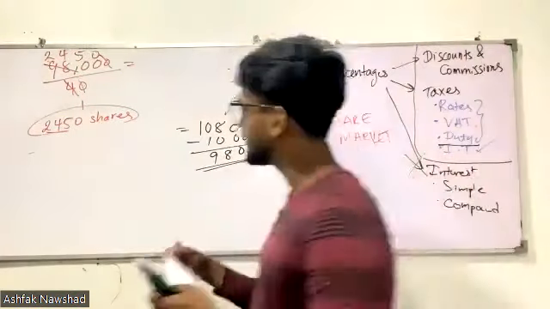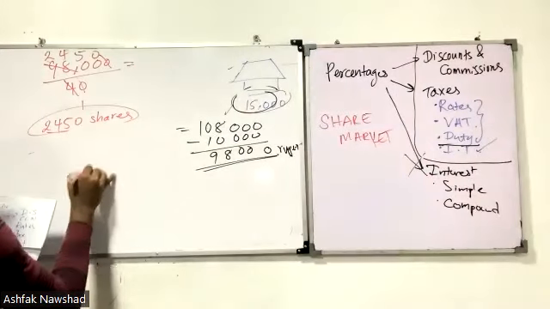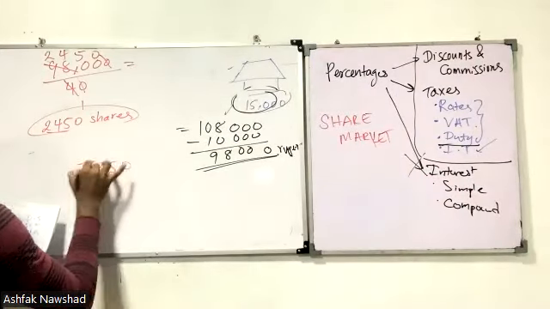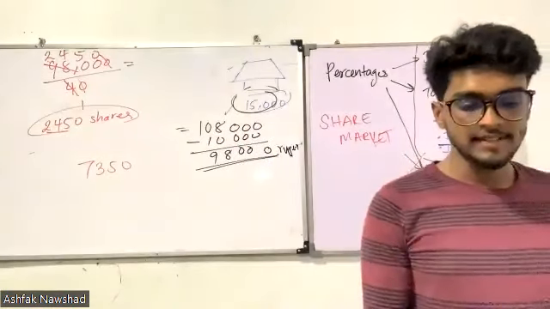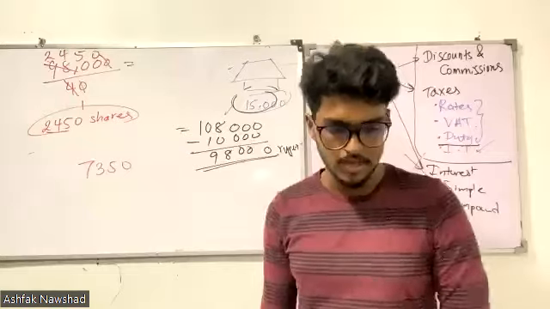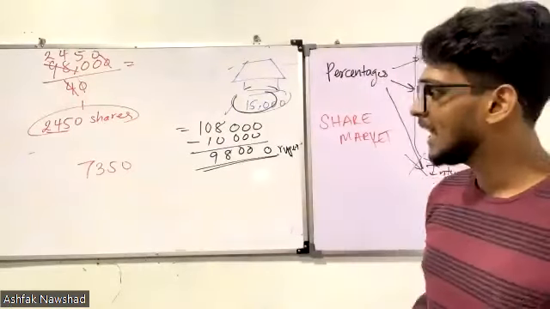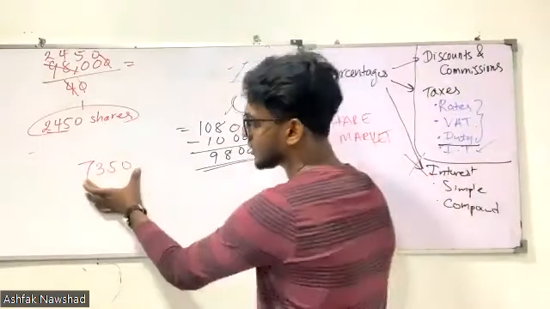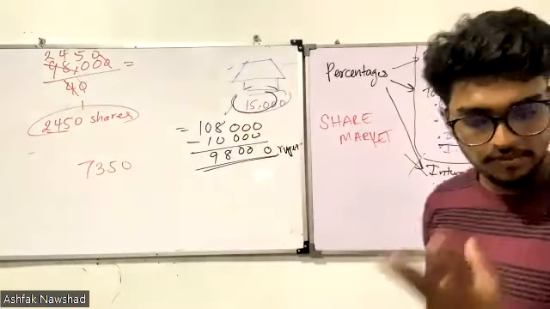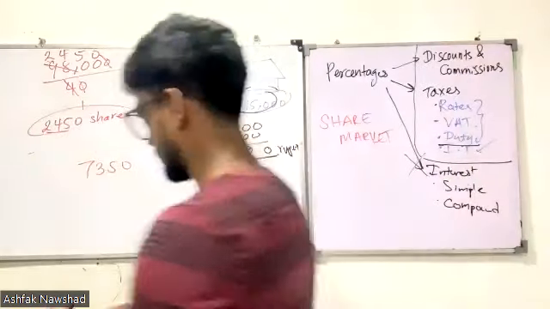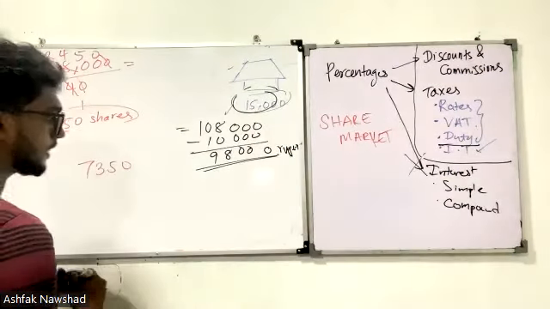Let's see. And then they say he receives dividends of this much. Like we know, dividend per share is a very small amount, like 7 rupees, 5 rupees, 2 rupees. So they ask, he receives this much in dividends, find the dividend per share. How did we calculate?